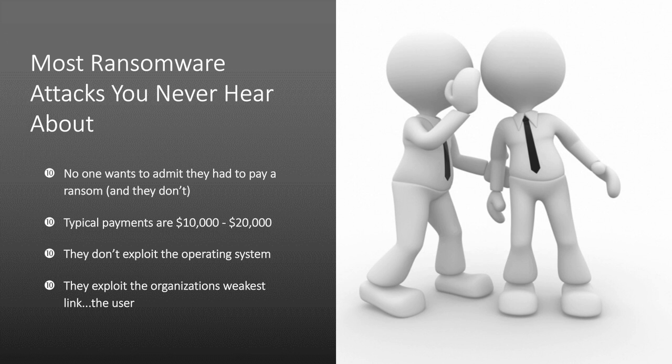So why does that happen? Well, first of all, nobody wants to admit that they had to pay a ransom, and they don't ever admit that they did. Usually when people call me, it's very quiet. Like I said before, the typical payments are relatively low. We typically see ranges from $10,000 to $20,000.